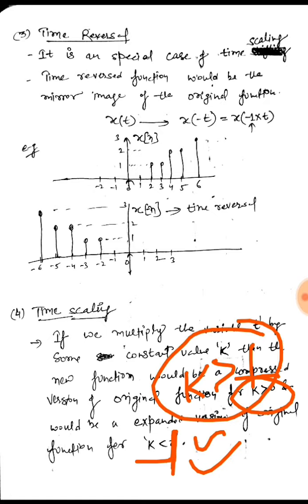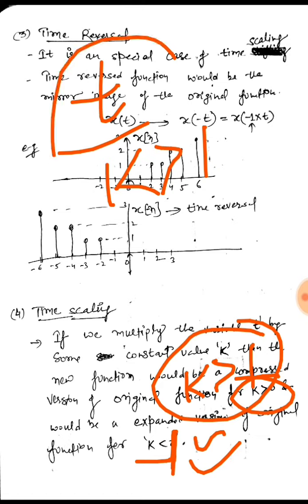If I multiply with a value k greater than 1, then it will be compressed. Or we can say, if I divide t by a value k greater than 1, then it will be expanded.